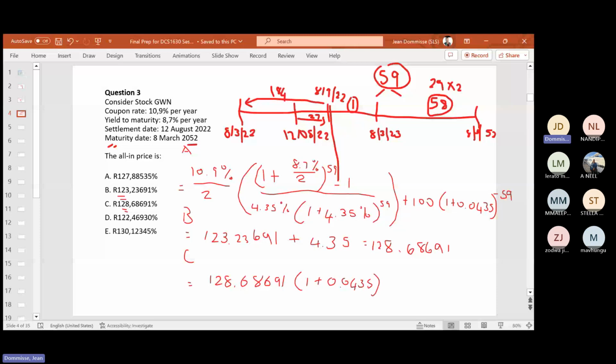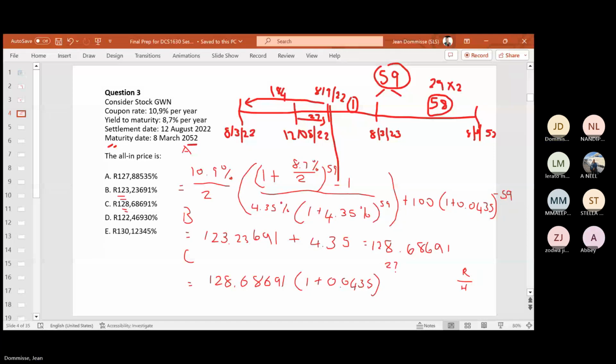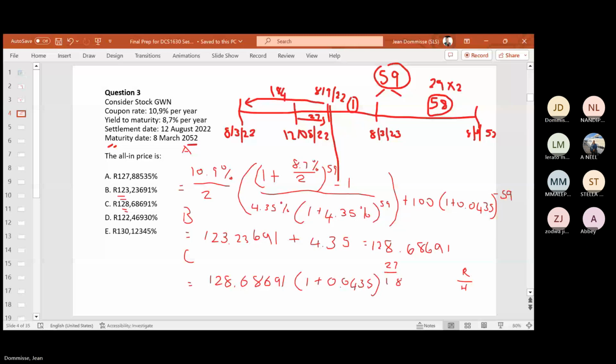And then remember, we do it to the power of R over H. And in this instance, R was 27 over 184. Okay. And then that final answer will be 127.88535.